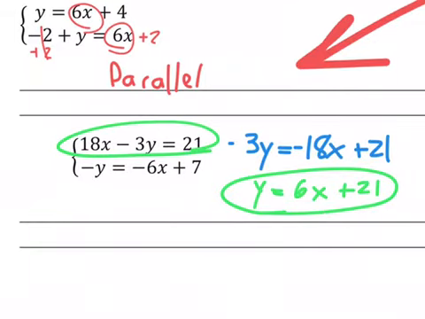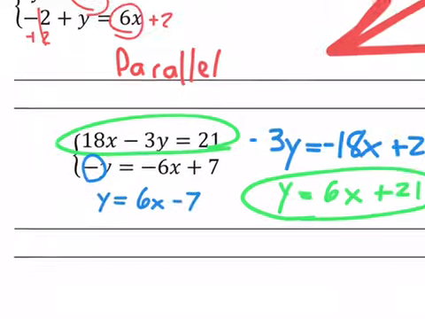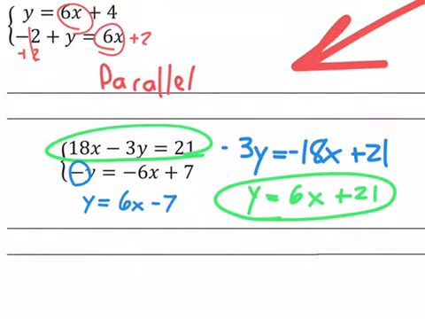This second equation isn't quite solved for y yet. It has a negative with it. You divide everybody by that negative to get this. And then you might realize here, oh, I made a mistake over here on this side. Forgot to divide everybody by the -3.